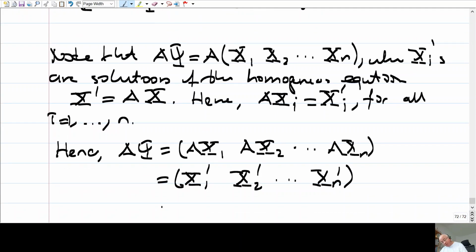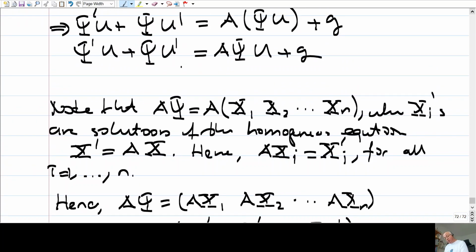And this is nothing but the derivative of the fundamental solution, so this is just phi prime. Phi is just these vectors without primes. So when I take the derivatives, I get phi prime.